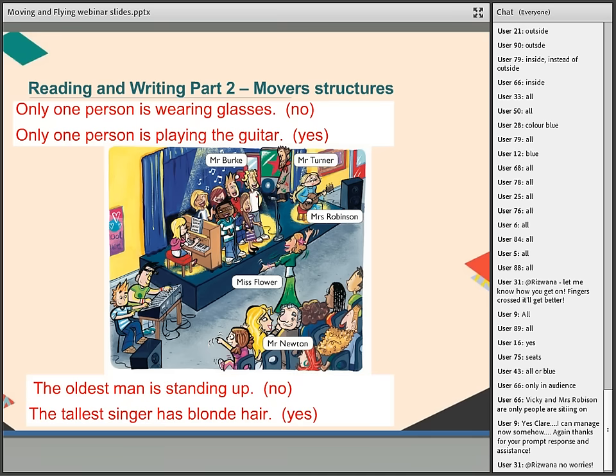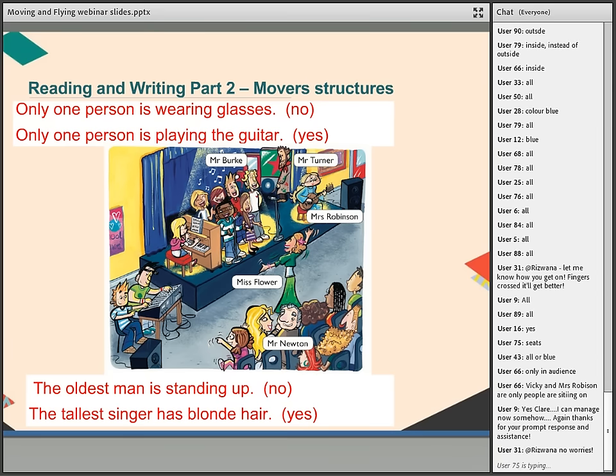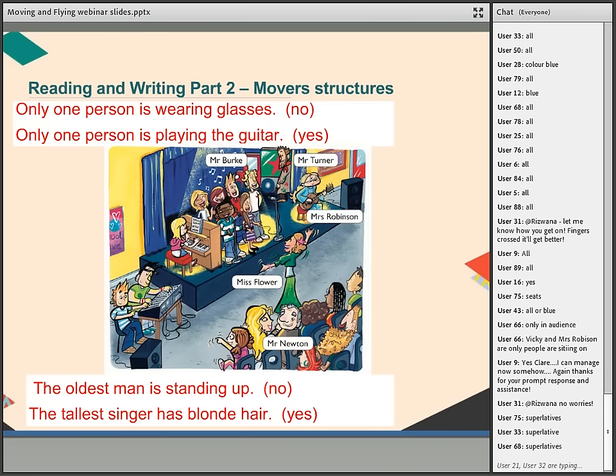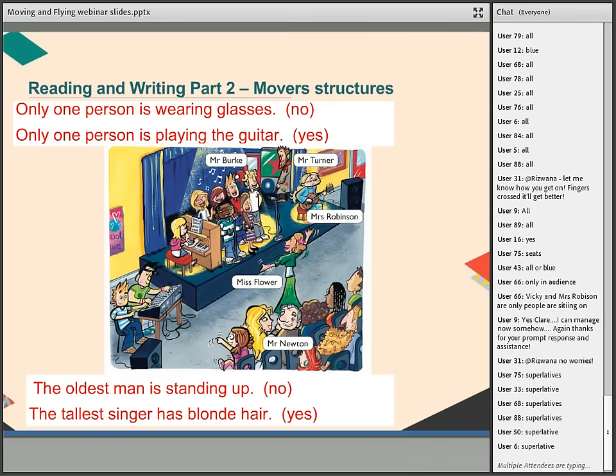What about the two sentences at the bottom? What structure do they share? What are we practicing here? Yes, lots of superlatives coming in here.